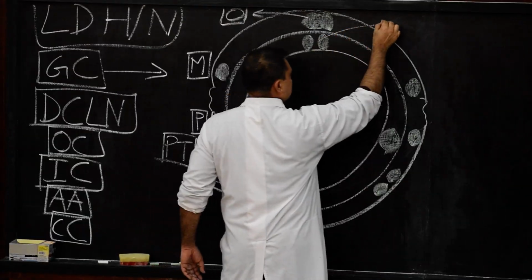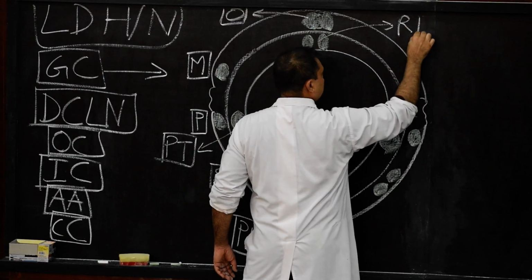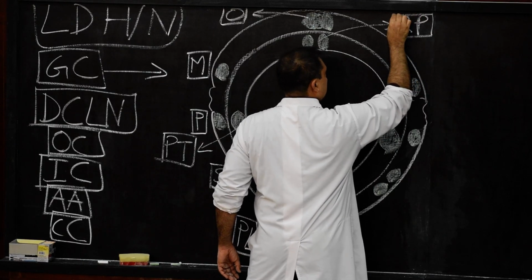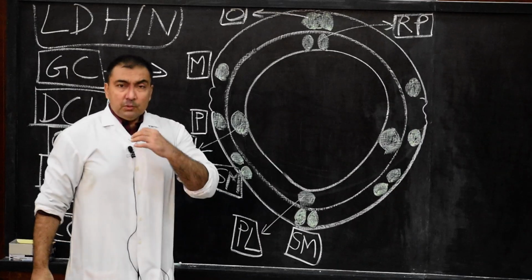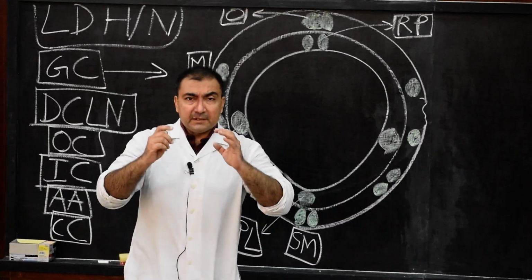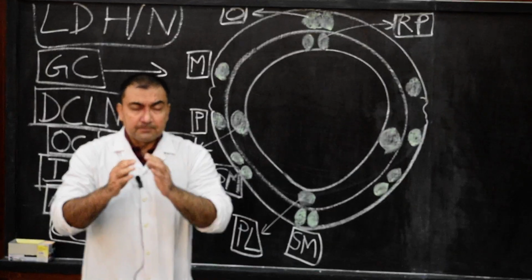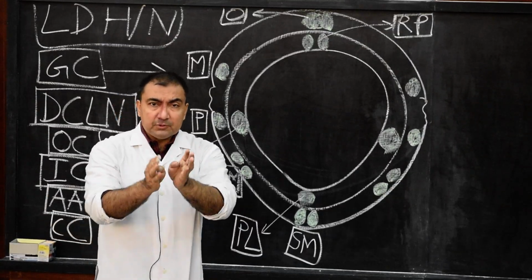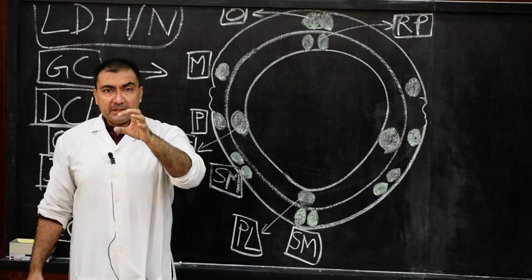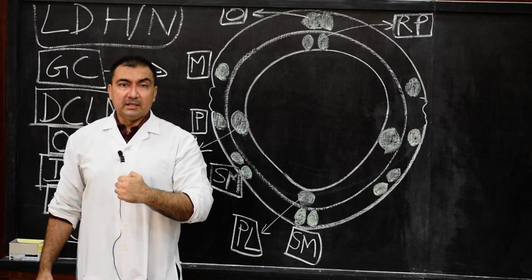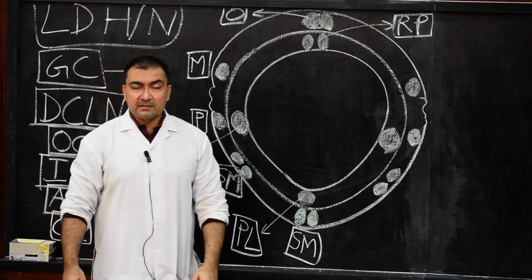Here this is the retropharyngeal group of lymph nodes. This forms the inner ring. After completing the outer and inner rings, deep to the inner ring, there will be a submucous collection of lymphatic tissue. This is very important. This needs to be mentioned in the general consideration.